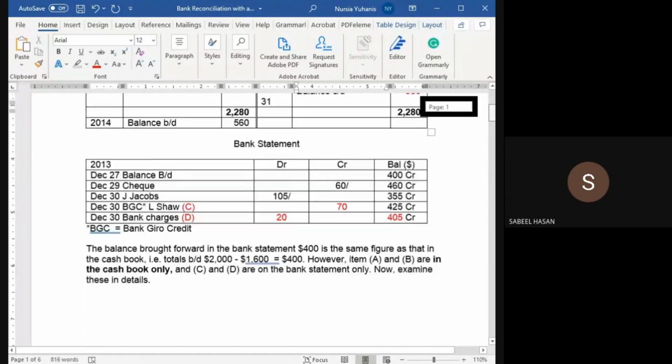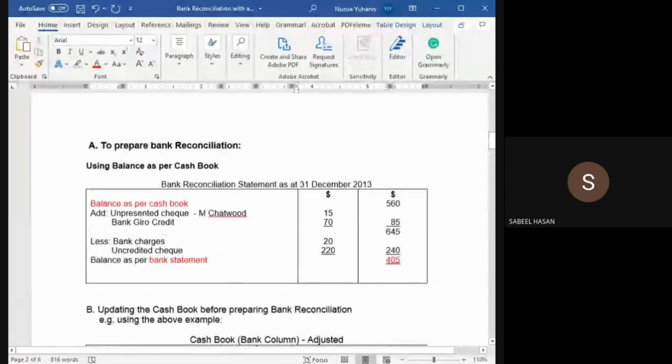Okay, so this one, the name is unpresented check, meaning you already issue the check, but this company, M. Chatwood, not yet take the check to bank, meaning this company haven't cashed out the check. So we call this unpresented check. The check has not been presented to the bank yet. Meaning, where is the check now? It is in the hands of M. Chatwood. He still keep it in his pocket or in his wallet.